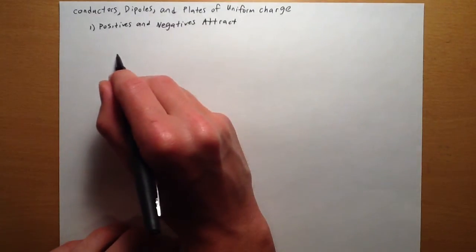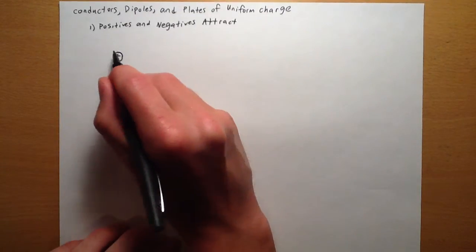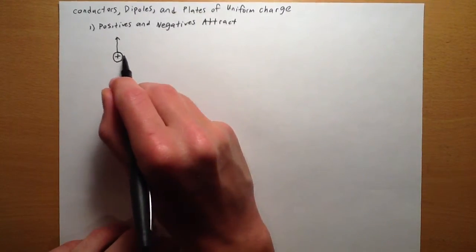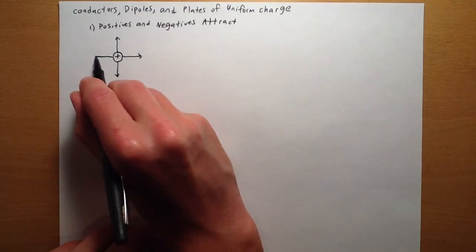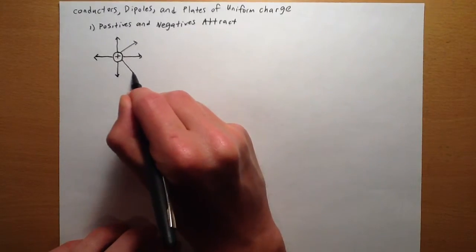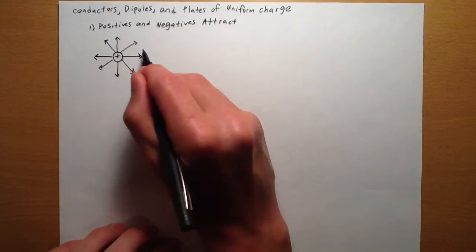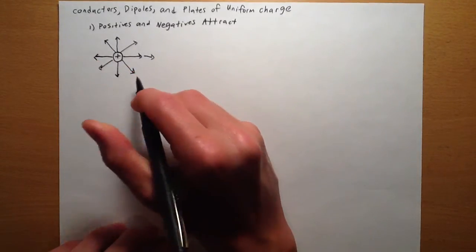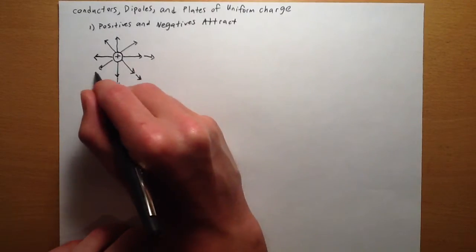Say we have a uniform positive charge that's a point, and then we have field lines coming out from it. And as we get farther away from the charge, the field lines become shorter, which represents a weaker field.